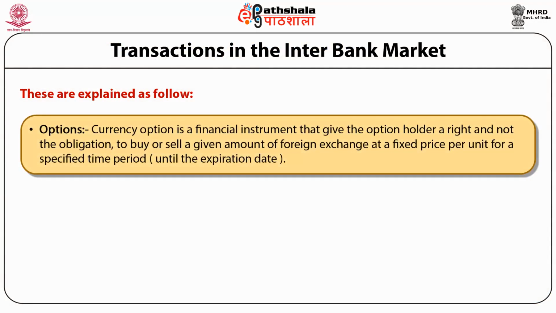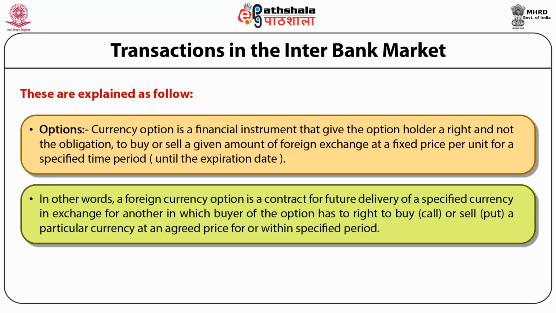Options. A currency option is a financial instrument that gives the option holder a right and not the obligation to buy or sell a given amount of foreign exchange at a fixed price per unit for a specified time period, that is, until the expiration date.